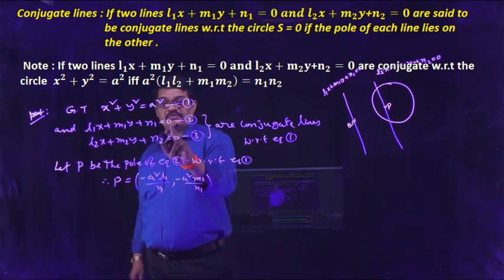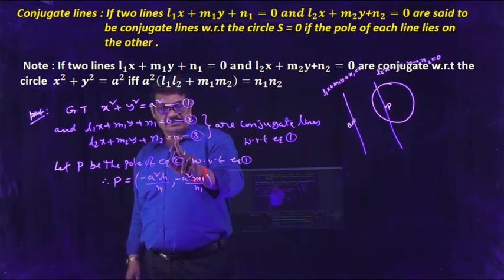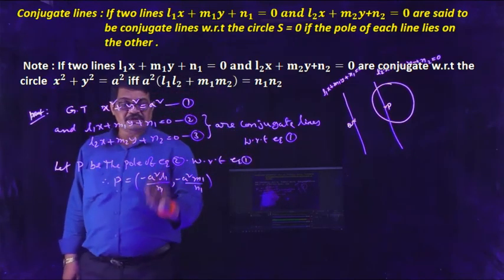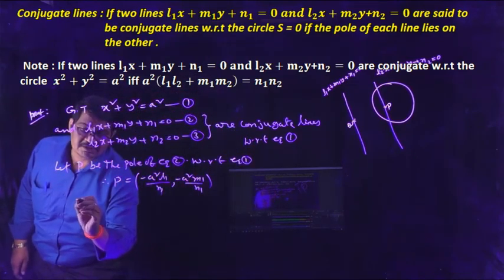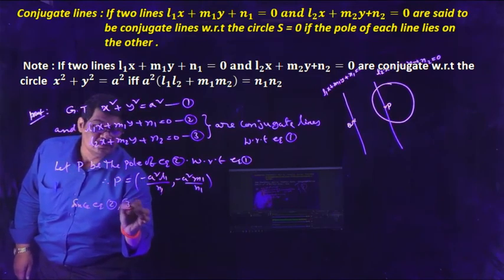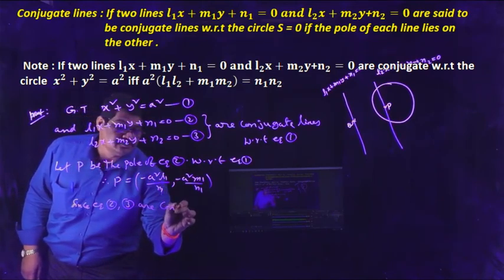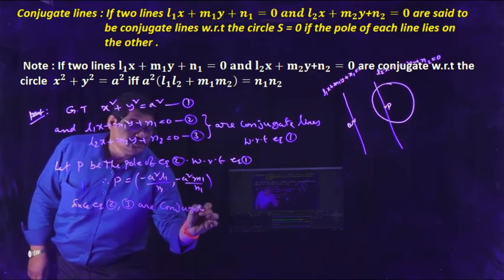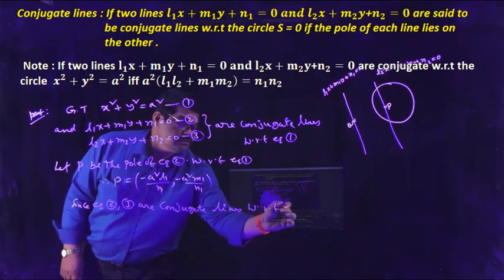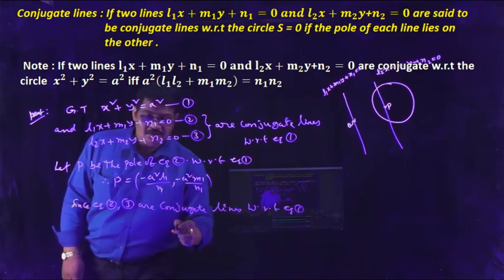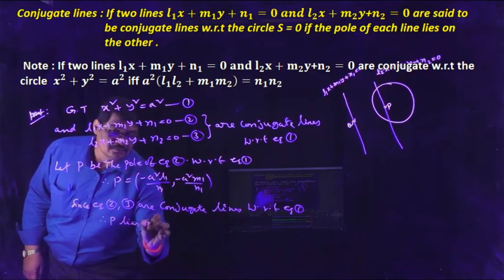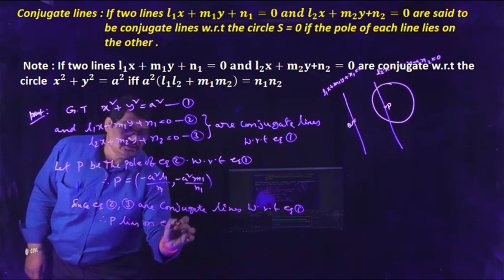So the pole of the first line lies on the other line. So this pole lies on equation 3, since equations 2 and 3 are conjugate lines with respect to the circle equation 1. Therefore P lies on equation 3.